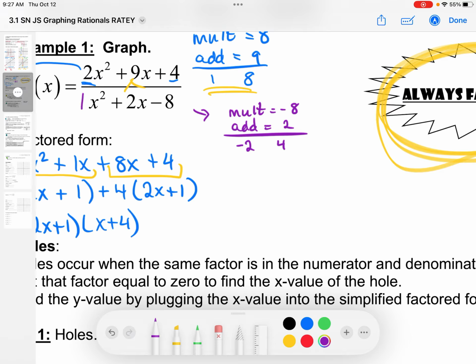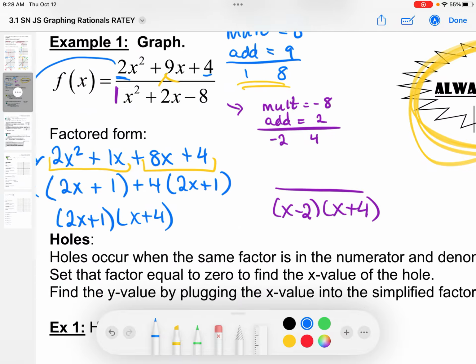Now, the nice thing here is that because there is a 1 coefficient on the x squared, we can immediately factor this, meaning its factors are x minus 2 times x plus 4. Only works when the coefficient in front of the x squared is 1. Then that numerator factored as 2x plus 1 times x plus 4.